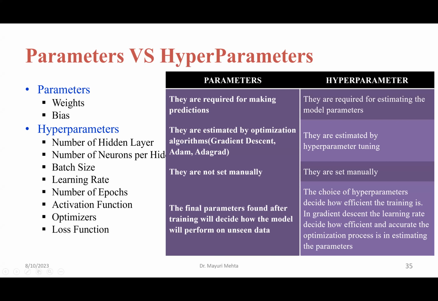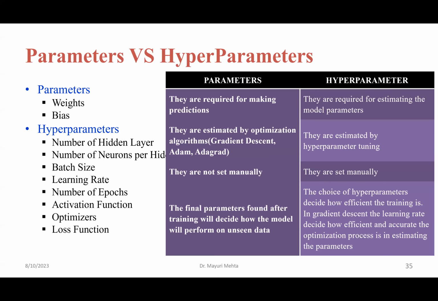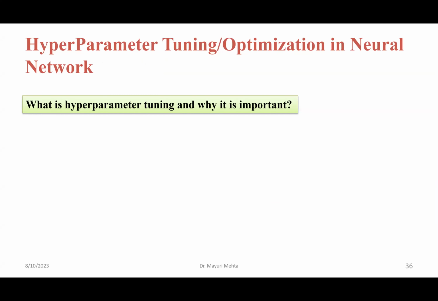These are the hyperparameters: number of hidden layers, number of neurons per hidden layer, batch size, learning rate, number of epochs, that is the number of iterations, how many times a neural network should be trained, activation function, optimizers, and loss functions. These are various hyperparameters. So the question is, what is hyperparameter tuning? It is also called hyperparameter optimization.